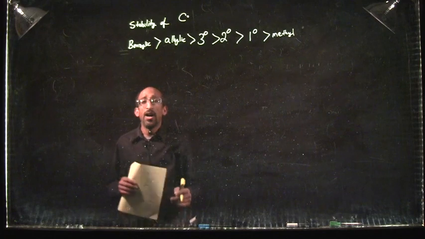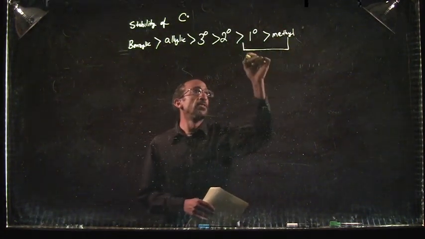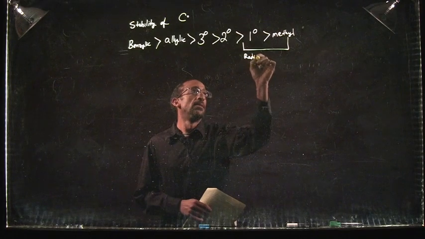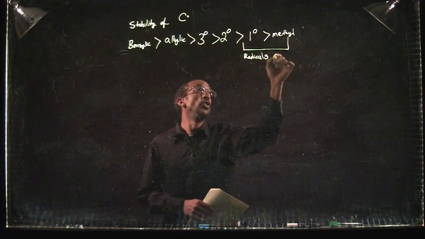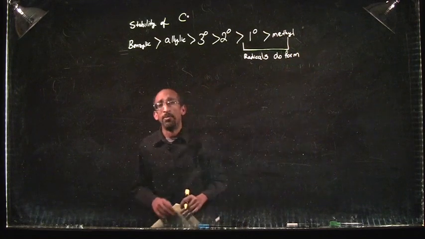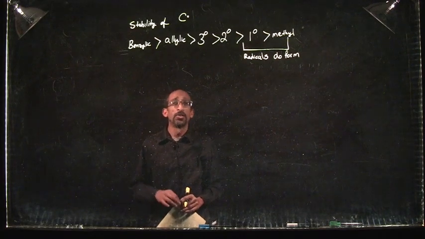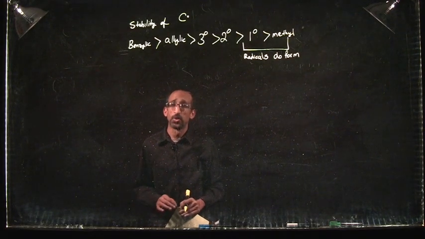Now, unlike carbocations, primary and methyl radicals do form. Right? We are able to form non-resonance stabilized primary radicals, and we are able to form methyl radicals as well.